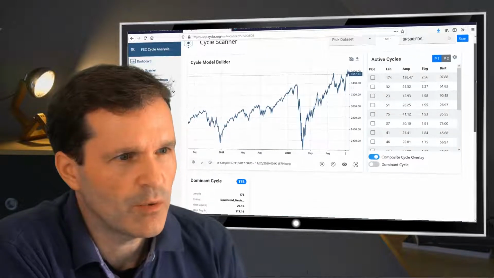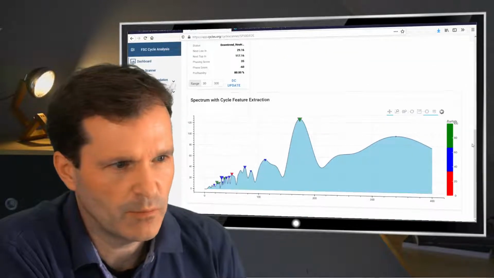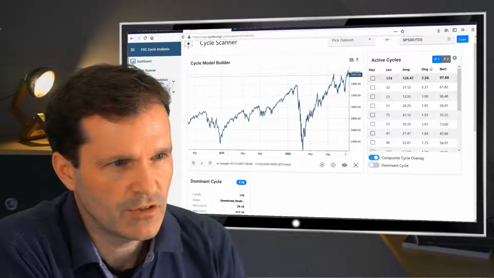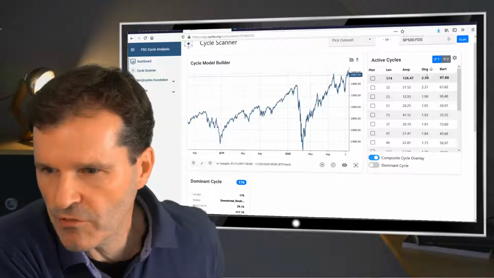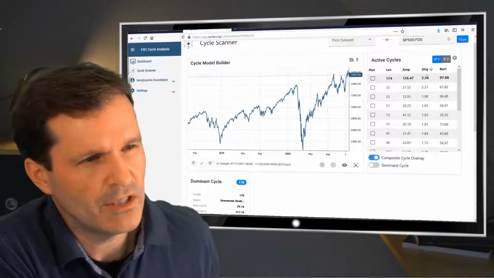So when you open your cycle chart, you have the spectrum here down below, and the table gives you the cycle strength here, and it's sorted by cycle strengths. This is the standard setting, that you get the table listed by strength. So the strength is not calculated based on additional statistics.